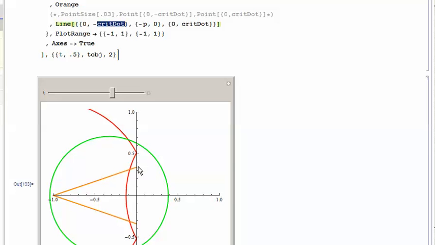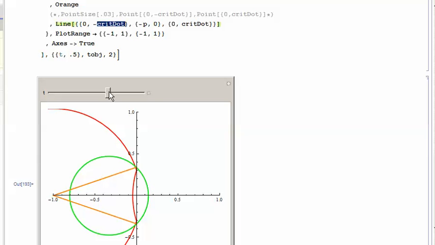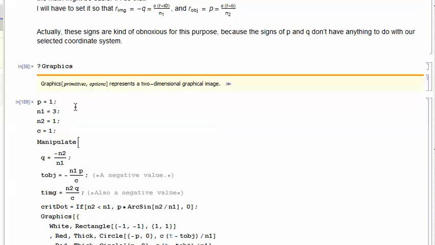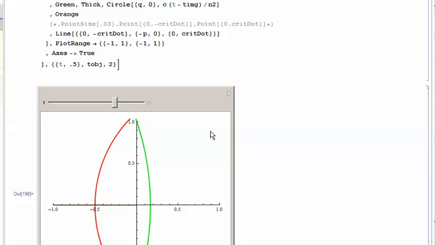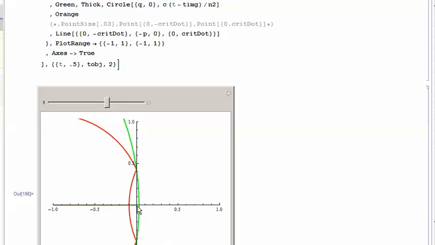So beyond this point here, you would get total internal reflection. Let's see how I incorporated it in case it goes the other direction. 1 and 3, and you can see that it doesn't. It just puts the critical angle at 0, even though it doesn't really exist there.